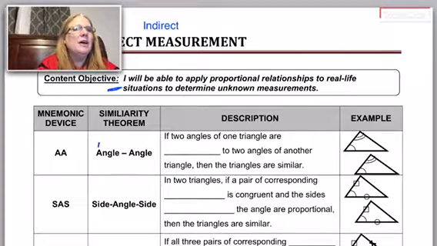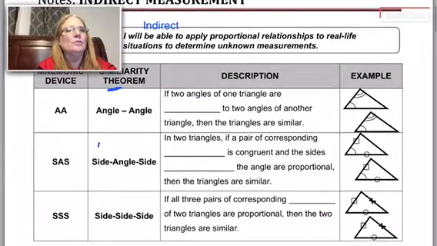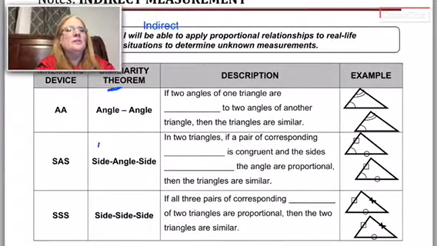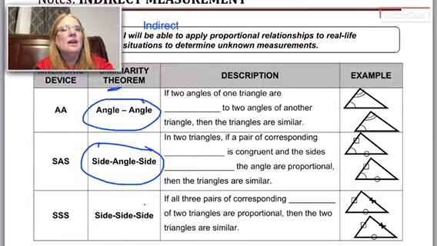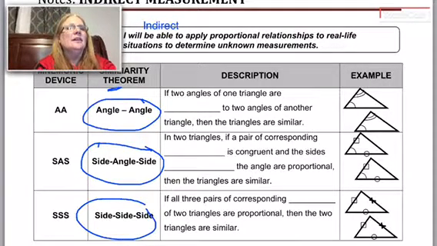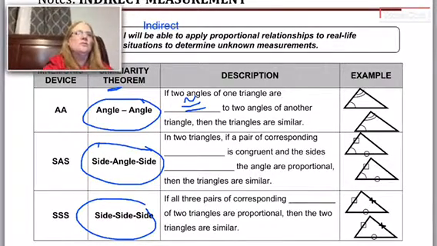So we've talked about 3 different ways that we can prove triangles are similar. And we have angle-angle similarity, side-angle-side, and side-side-side. If 2 angles of one triangle are congruent to 2 angles of another triangle, the triangles are similar.